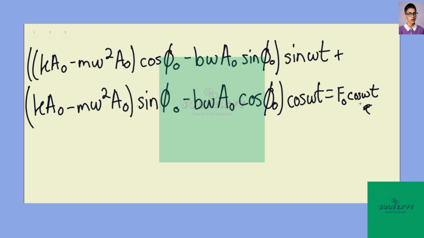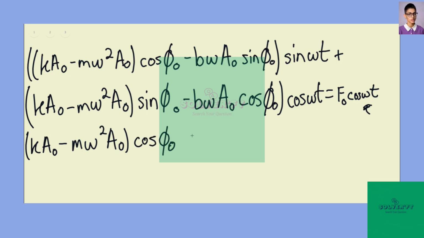So relating this would be a bit easy because then we can simply say that k A naught minus m omega squared A naught times cosine of phi minus the damping constant times omega times A naught times sine of phi equals 0.